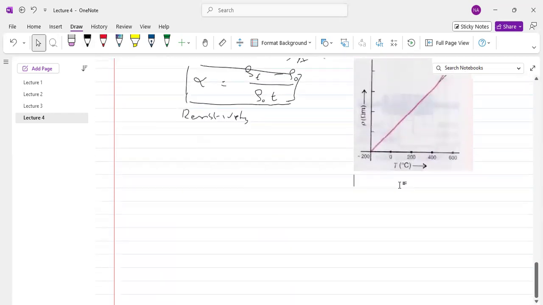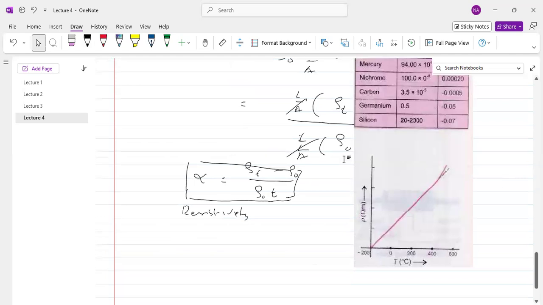This is the picture, which I have told you: there are compounds whose resistance or resistivity increases or decreases linearly over a certain range of temperature about 0 degrees C. For example, this is 0 degrees C. The resistance or resistivity of this material linearly increases or decreases with the temperature from minus 200 degrees centigrade to almost 500 degrees.